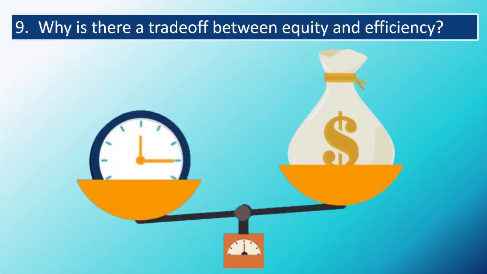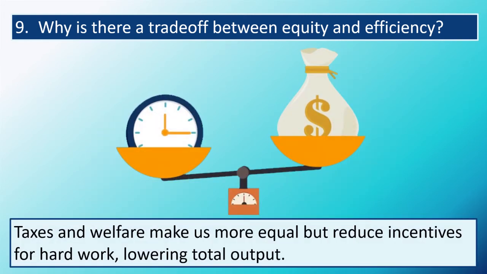Question number 9. Why is there a trade-off between equity and efficiency? I hope that you had bothered to look to see the difference. Taxes and welfare make us more equal but reduce incentives for hard work, lowering total output. Now, of course, this is based on the principles of Dr. Mankiw.